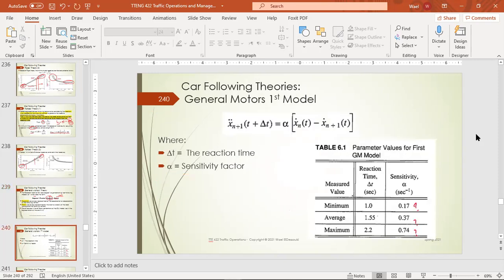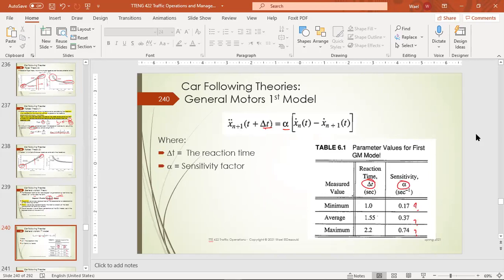So that was the first model, that the acceleration of the following vehicle at time t plus delta t, that's the reaction time, equals alpha multiplied with the difference in speed. Alpha is basically the sensitivity factor. From the field, they were able to get different values for reaction times and alphas.